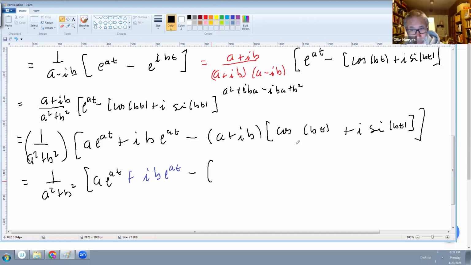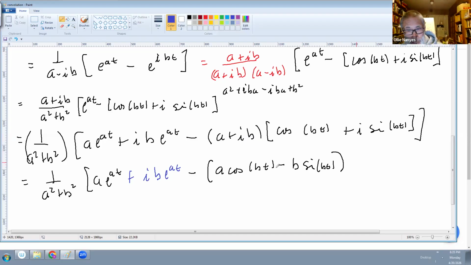Now, let's look at the real parts of this. We have a cosine bt. We have a times this. Then we have i times i, which is -1. So we have minus b sine bt. Now we got to get to the imaginary parts.